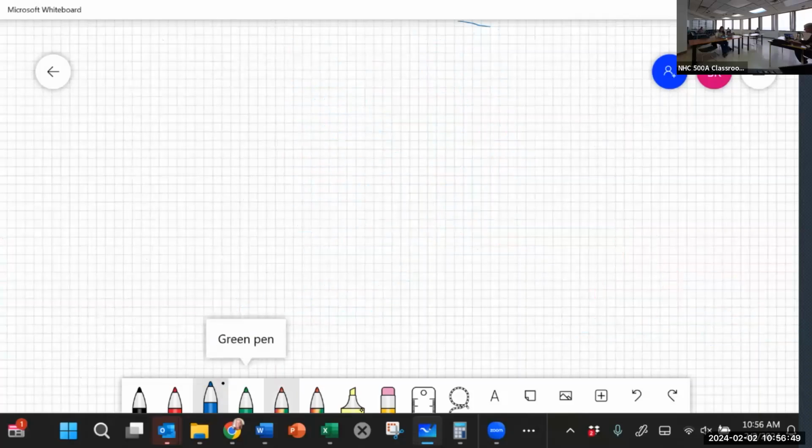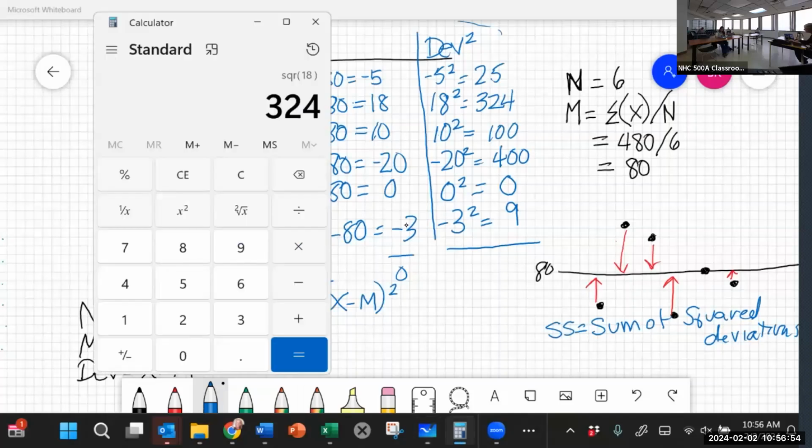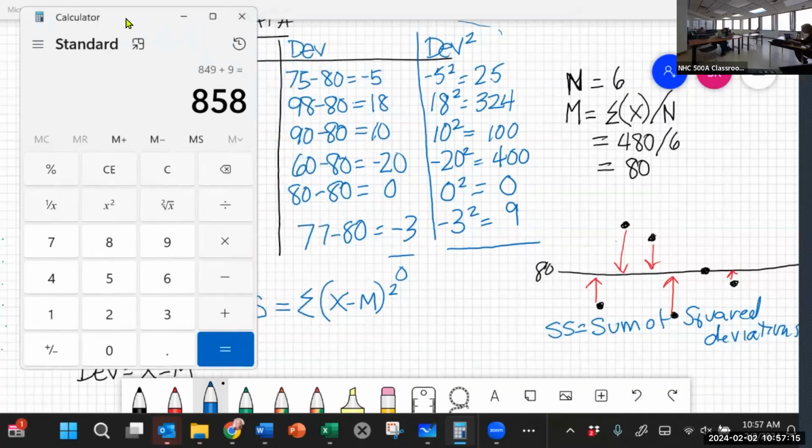So let's go ahead and use the calculator so that we don't make any mistakes on this. So I'm going to clear this out and just type in 25 plus 324 plus 100 plus 400 plus 9. And we find out that the sum of squares is 858.